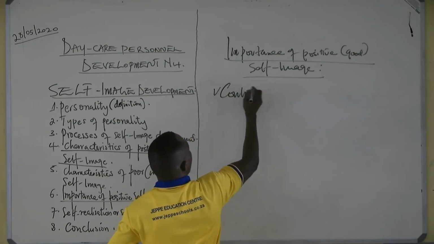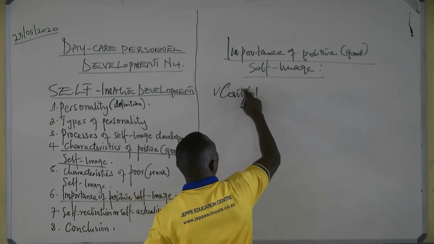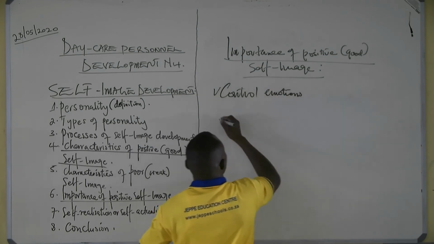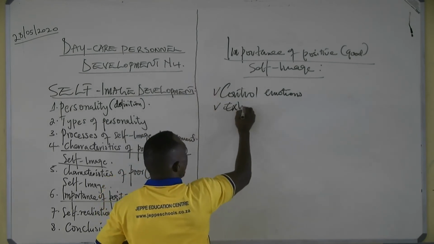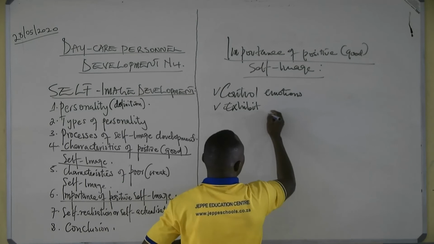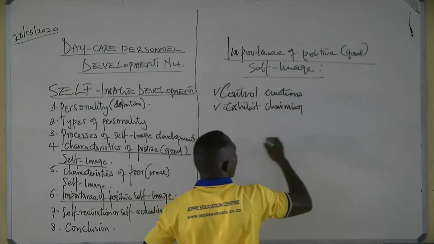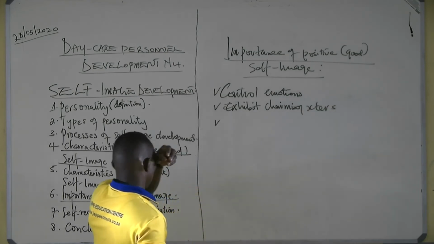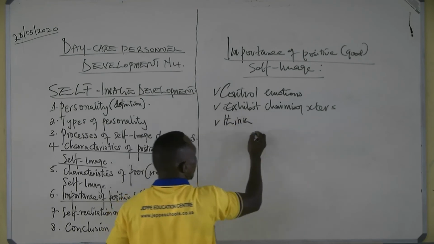So some of the characteristics of a person bearing positive or good self-image include, one of them, this person is able to control emotions. This person is able to exhibit charming characters.